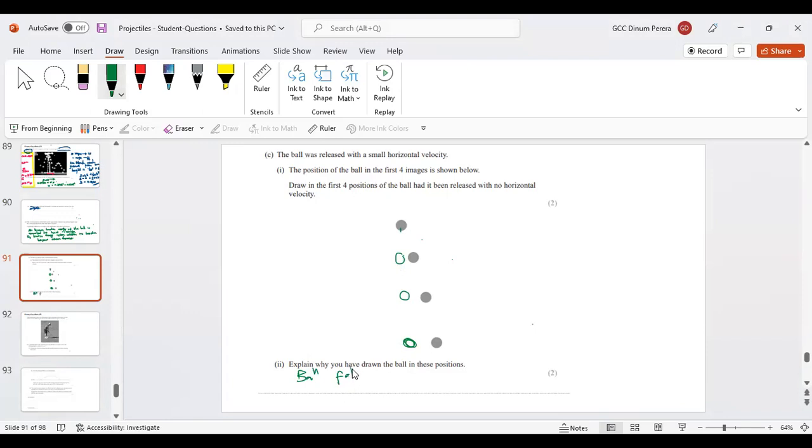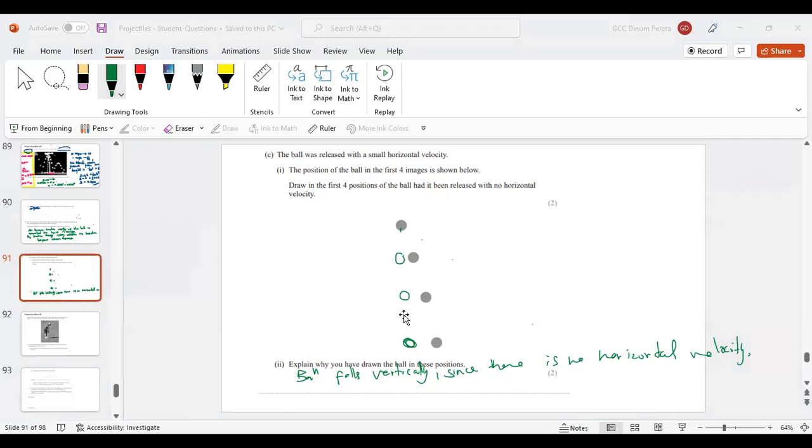Ball falls vertically since there is no horizontal velocity. That is because, right. So then the other thing is why they are at the same height.